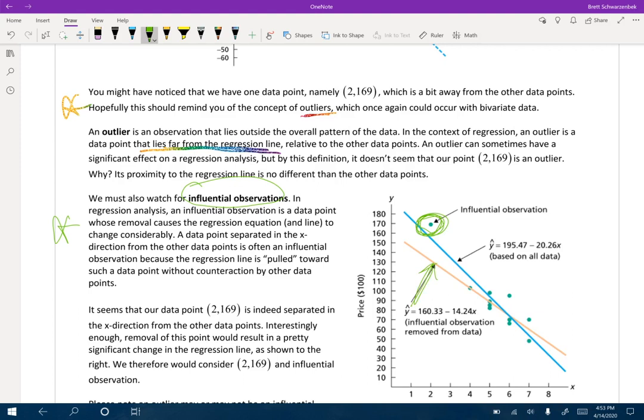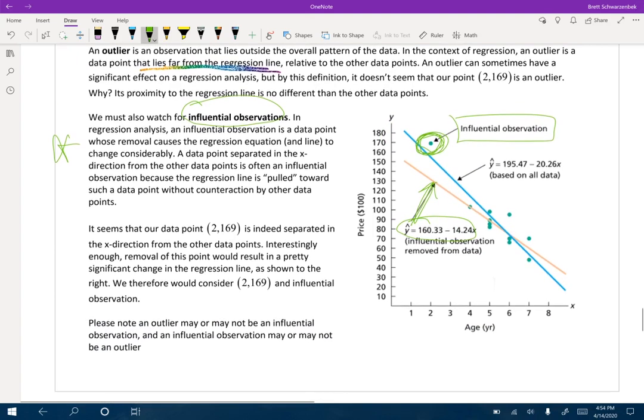And this would be the new equation. So this line is drastically changed by the removal of this point, which is very much different in the x direction from the other points. Therefore, we would say that even though it's not an outlier, it is an influential observation for our regression.